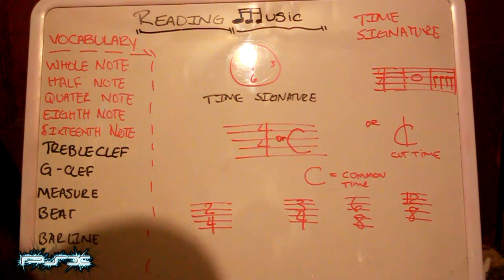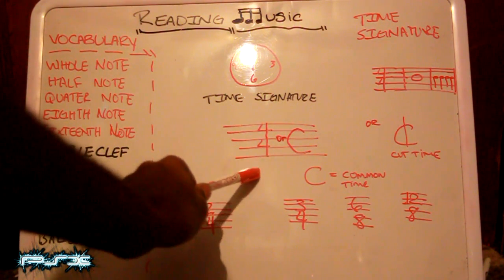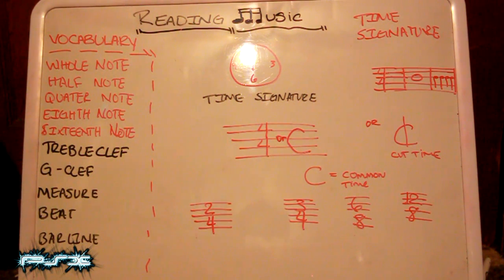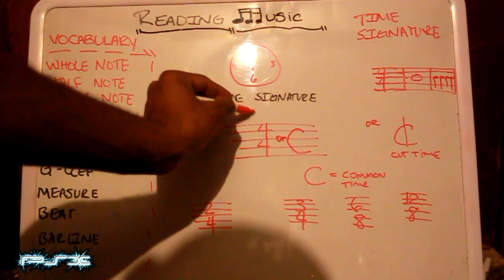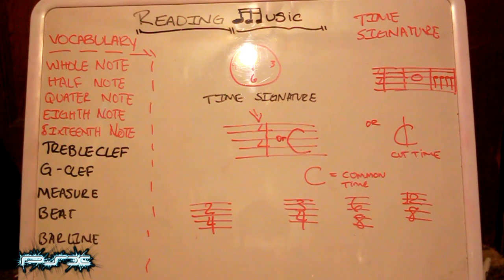The time signature can be noted as 4/4 or C. Basically, it's telling you how many beats per measure and what note gets what value. When you see the 4 at the top, that's the first thing you want to think about. That's how many beats per measure.